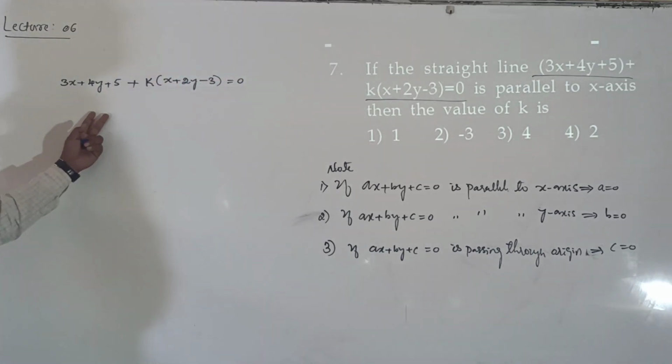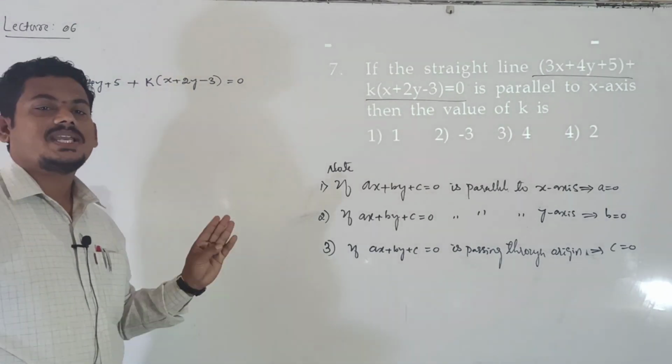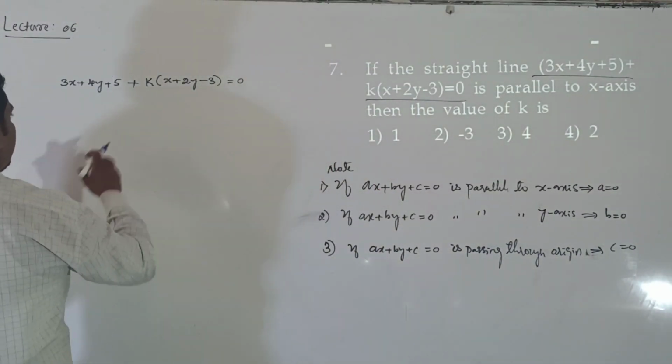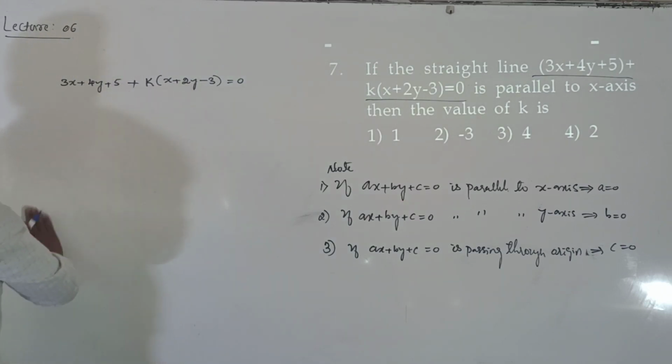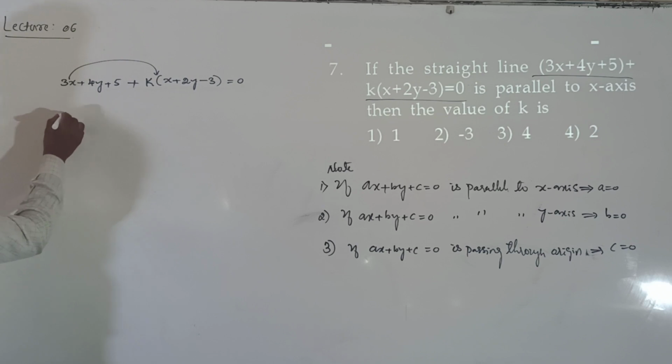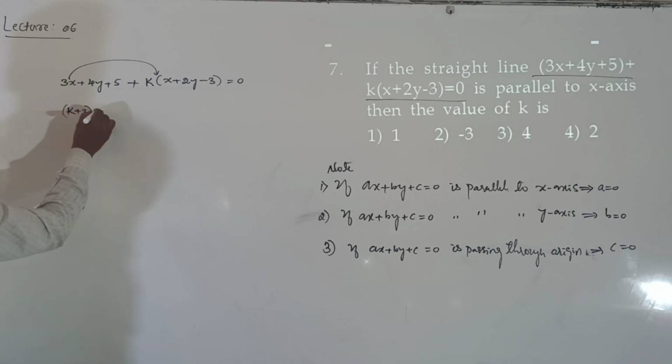First write this equation in the form of ax plus by plus c equal to 0. Just simplify. If you multiply k to each term, then it will be kx. Collect x terms on one side, then it will be k plus 3 into x. Usual multiplication and simplification.